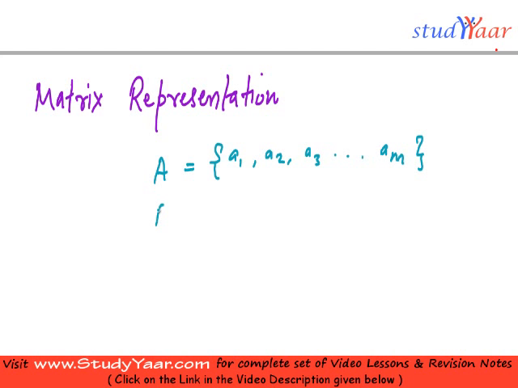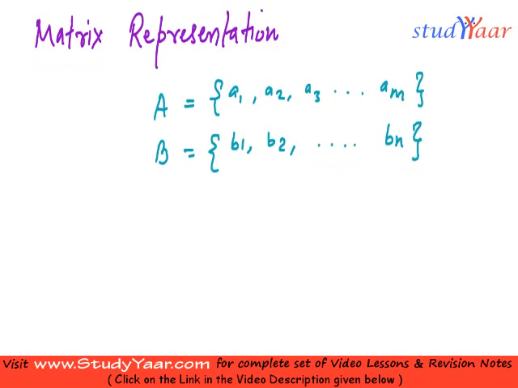And I have another set B which has elements like B1, B2 till Bn. Then I can represent a relation from A to B using a matrix MR, which is an M into N matrix.